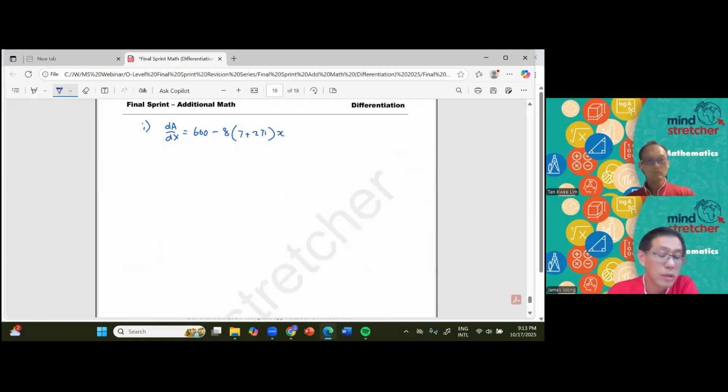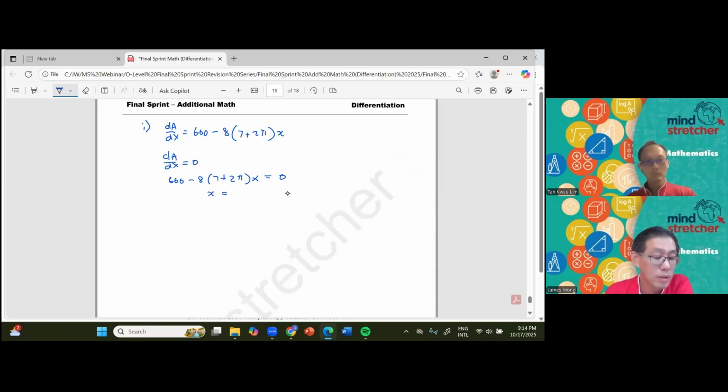Once I got that, I can equate my dA dx to be equal to 0, to find the stationary point. So with that, 600 minus 8 times 7 plus 2 pi times x is equal to 0. With that, I can find what is my x.